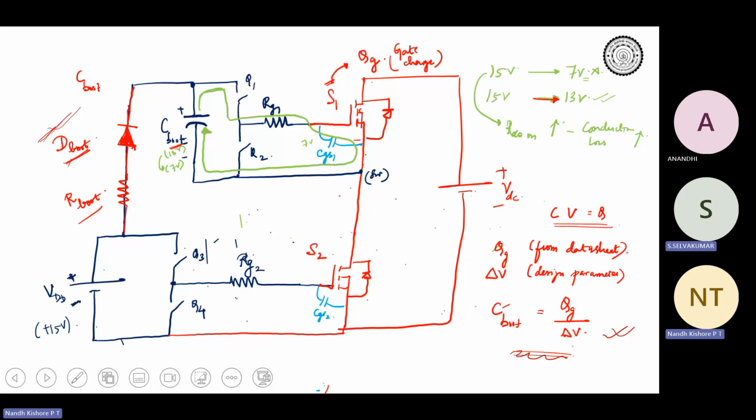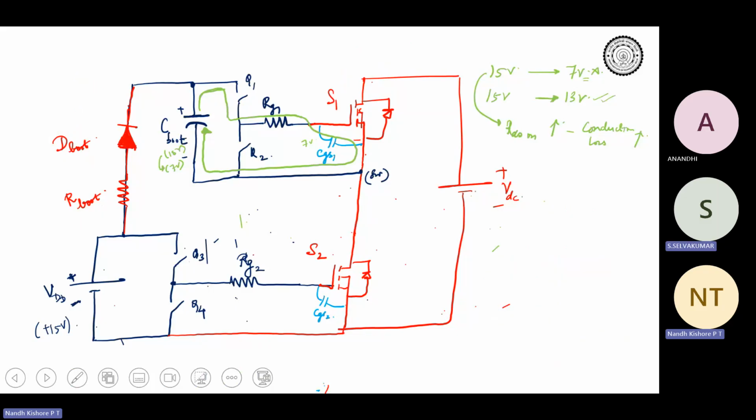And in some gate drivers, the D boot will be built in. If the D boot is built in, they will tell that this gate driver is rated for 200 volt, which means the bootstrap diode inside it is rated for 200 volt. You can search for commercial bootstrap gate drivers.